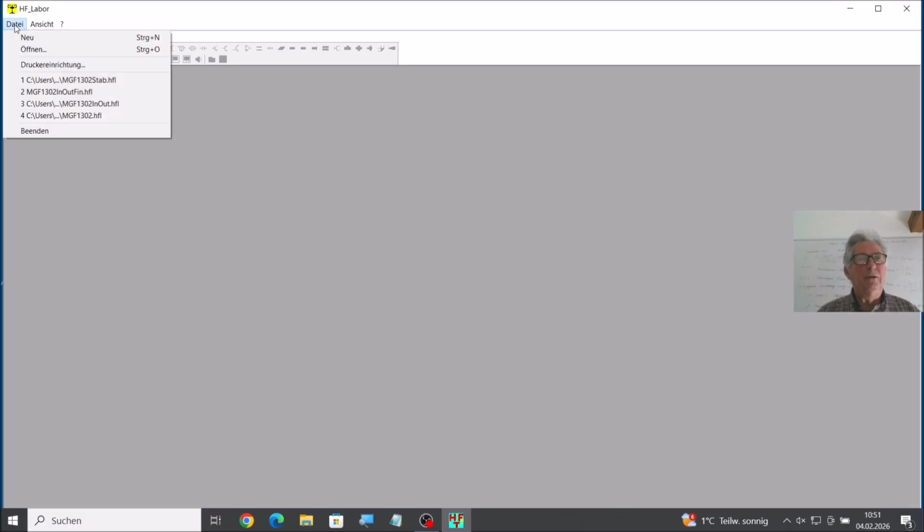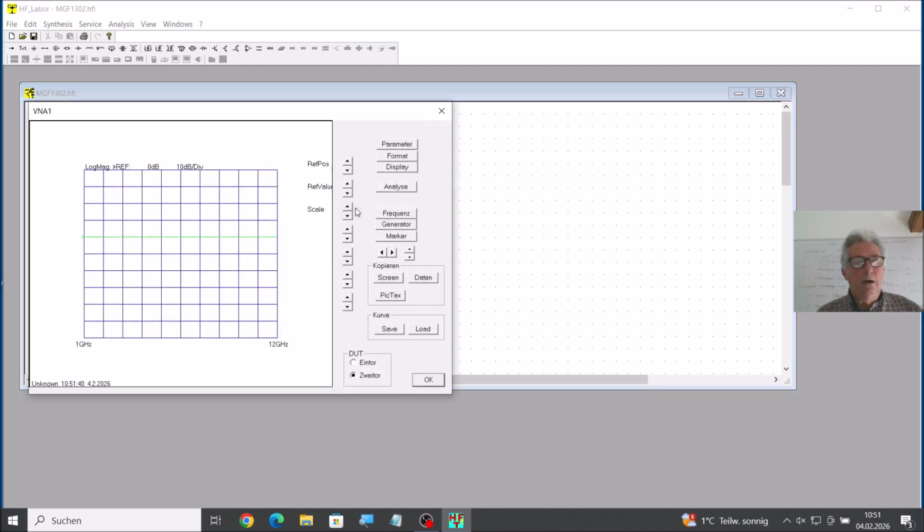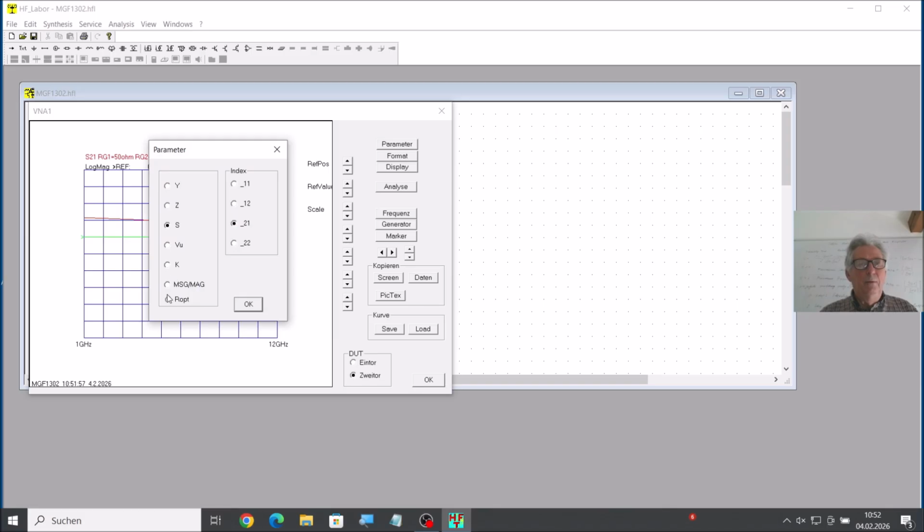First we start with our unstabilized transistor, and here we have our transistor MG1302. In the first step, of course, we can have a look at the parameters. I do the analysis, and here we have the scaling parameter as 2,1, and now we are able to calculate also the maximum stable gain and maximum available gain.